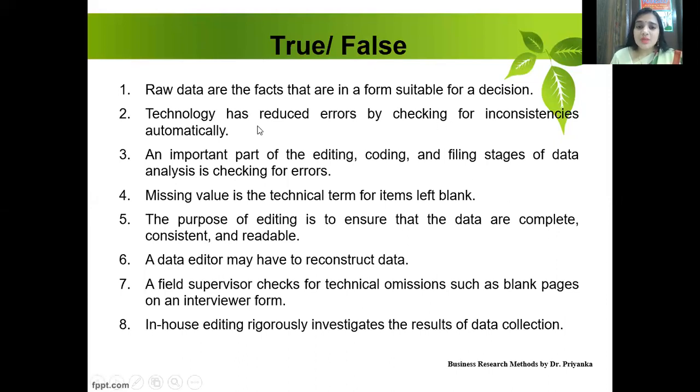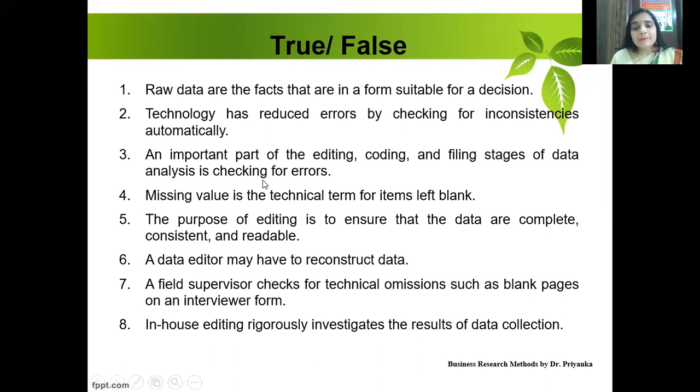Technology has reduced errors by checking for inconsistencies automatically. Yes, it has happened. So it is true. Third, an important part of the editing, coding, and filling stages of data analysis is checking for errors. Yes, this is very important. So it is true.